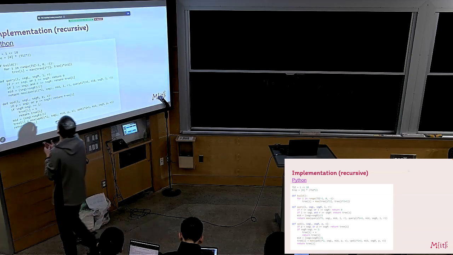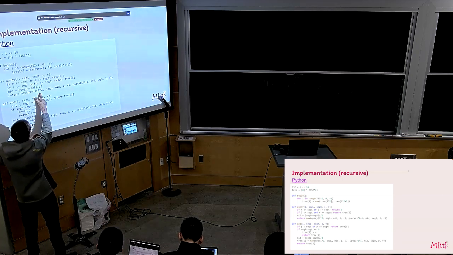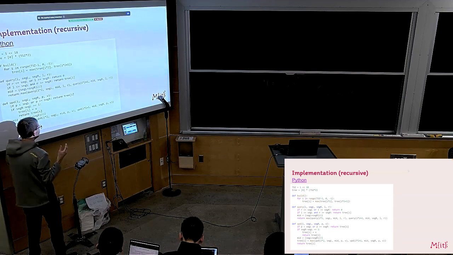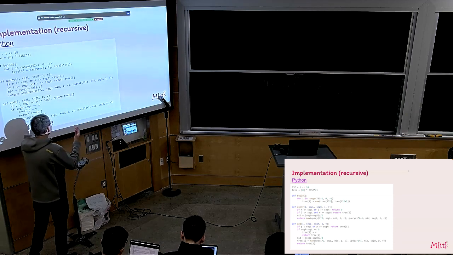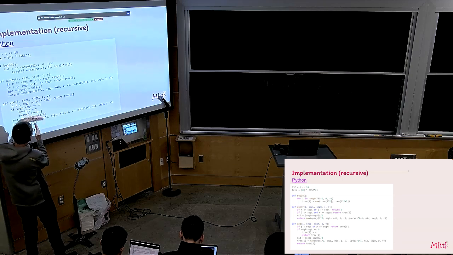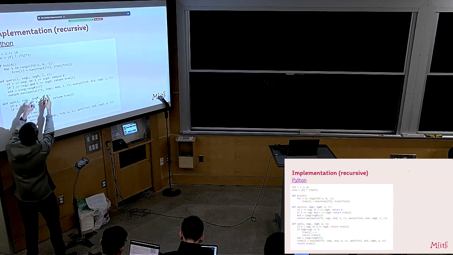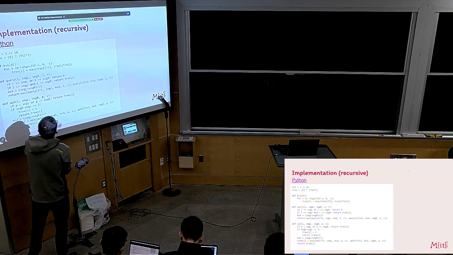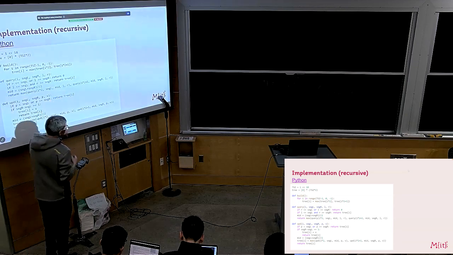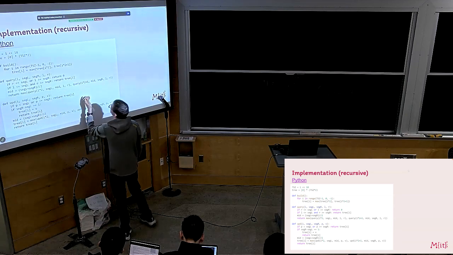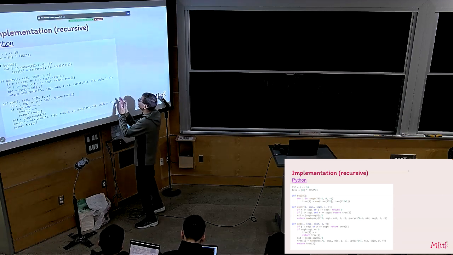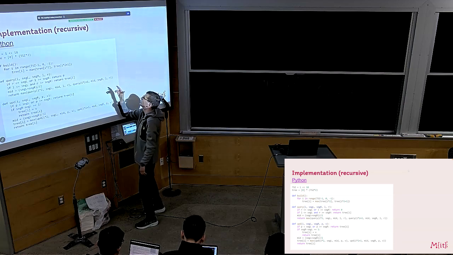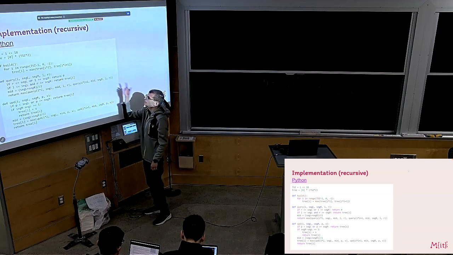Right, so this is how I do queries. The left child will have index I times 2 because that's how I defined it. The left child will start at index segal, because it will be aligned, it starts at the same position as this one, and then it will end at the midpoint. And then for the right child, it's kind of similar. The index is I times 2 plus 1. The starting point is the midpoint of the segment, and the ending point is just the ending point of the segment.